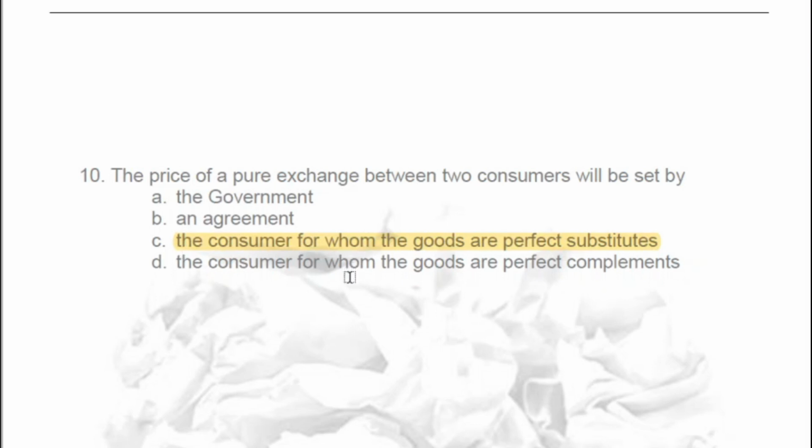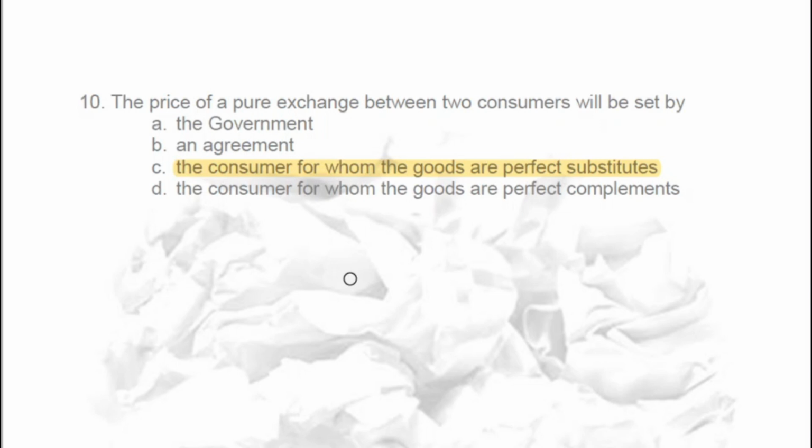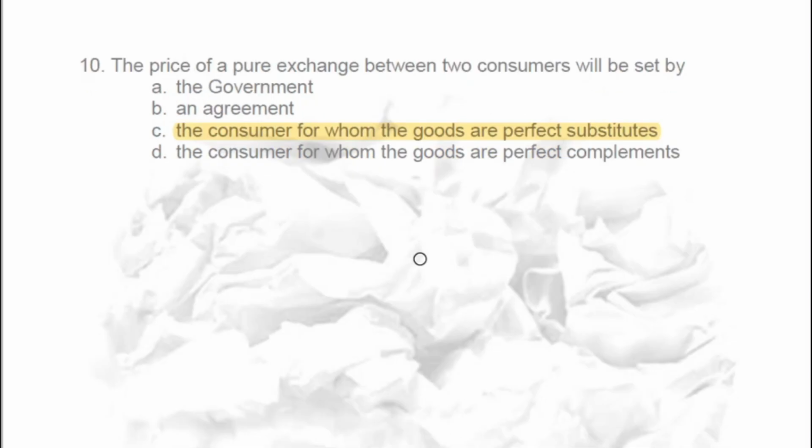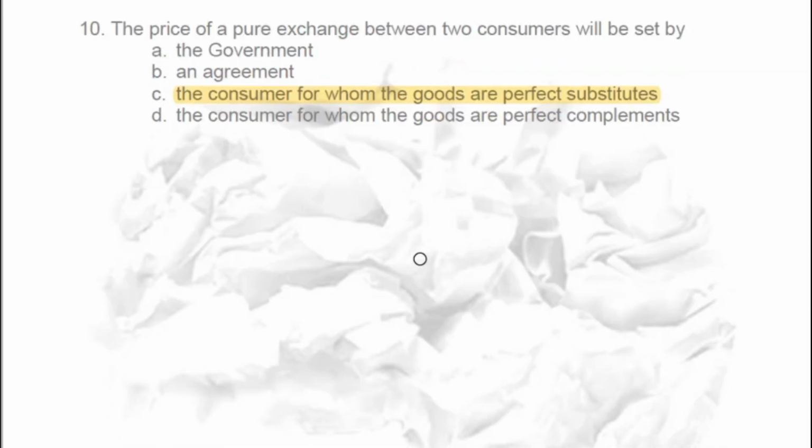Then we mark C. We know that the one who has perfect substitutes always wants to exchange the goods at a certain rate. So let's make a little break and we continue with question 11.